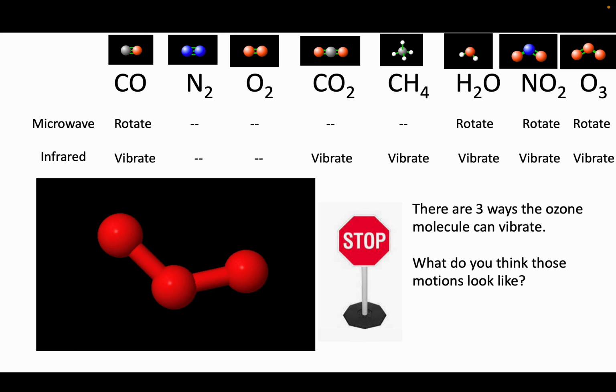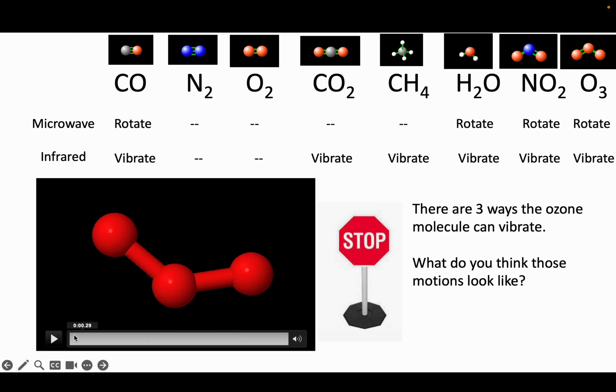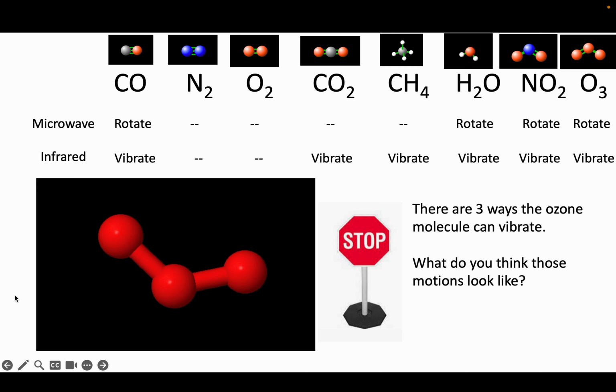We could have symmetric vibration, where the bonds are getting longer and shorter, an asymmetric one, and then a scissoring, where they stay the same length, but we see the atoms on the outside moving closer and farther together. I don't know about you, but the different vibrational motions, I really like these simulations. And that's probably my favorite motion there.